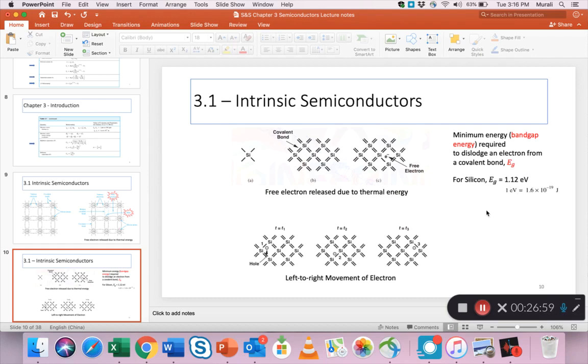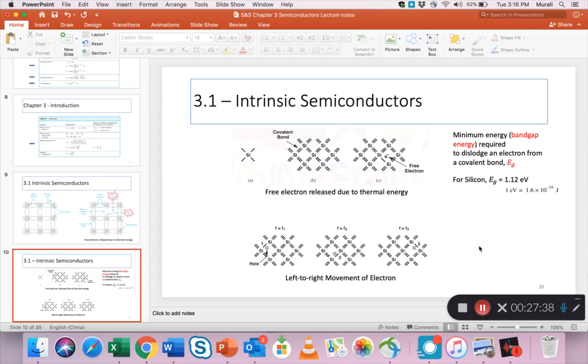I think I showed you this in my very first slide where we talked about the valence band and the conduction band. When an electron has acquired an energy slightly greater than Eg, it becomes loose. If more electrons get this energy, then more and more free electrons become available. So that's the minimum energy required to dislodge an electron from a covalent bond, to pull it free from the bond.